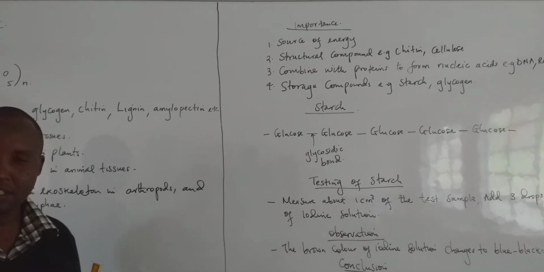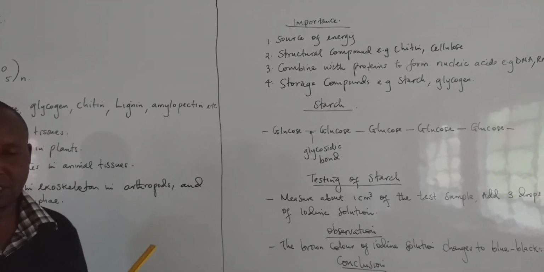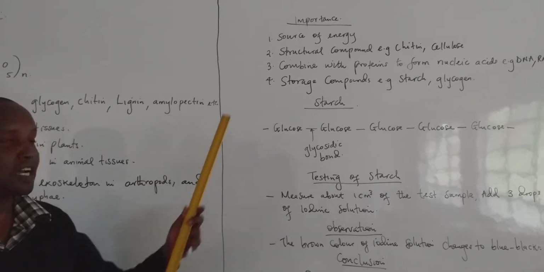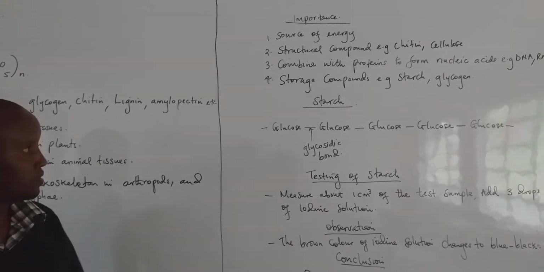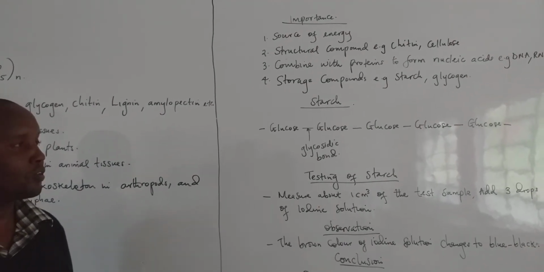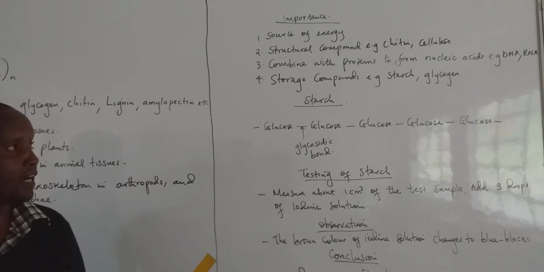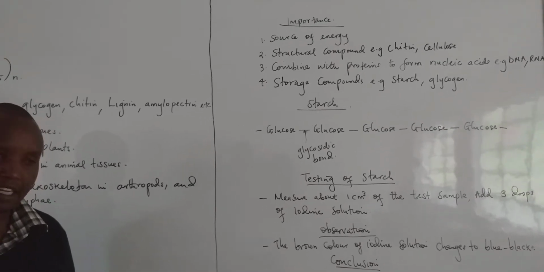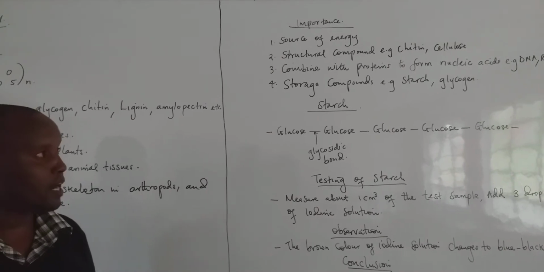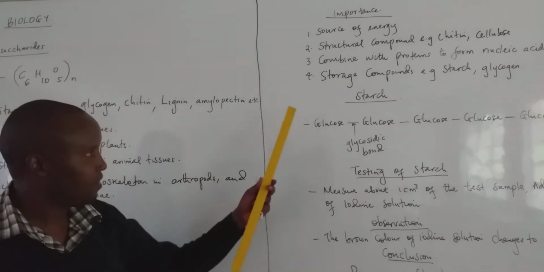Cellulose is found in plant cells and forms a protective layer. Three, they combine with proteins to form nucleic acids, examples being DNA and RNA, which form part of the nucleolus and nucleus respectively.